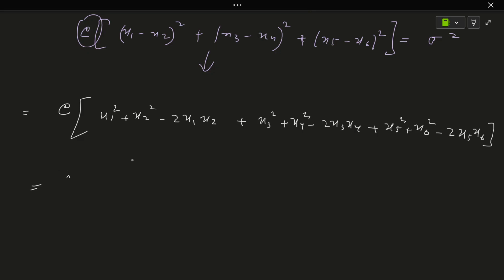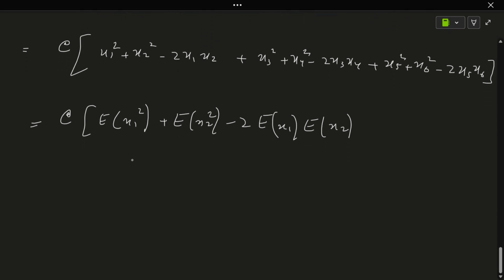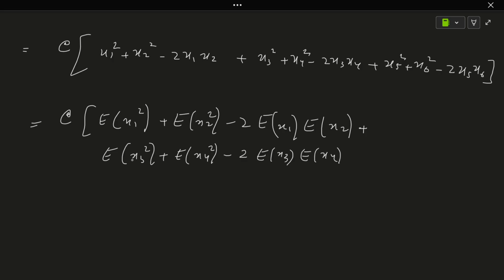Can I write this as C times expected value of x1 square plus expected value of x2 square minus 2, as xi's are IIDs, expected value of x1 multiply expected value of x2, plus expected value of x3 square plus expected value of x4 square minus 2 expected value of x3, expected value of x4 plus expected value of x5 square plus expected value of x6 square minus 2 expected value of x5, expected value of x6.